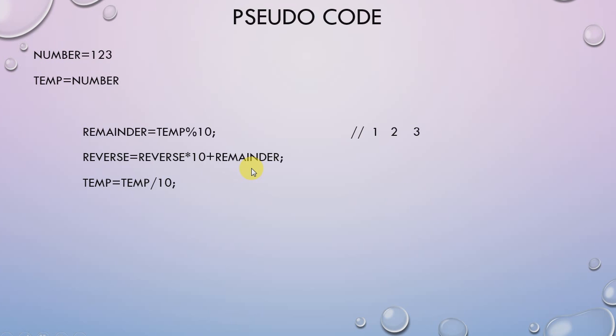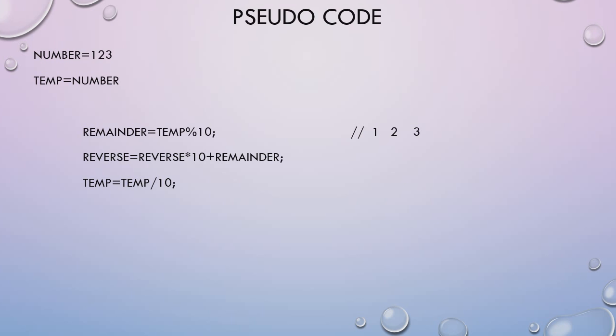Now reverse contains 3, and in the third step I am excluding the last digit of the temp variable. Now I don't want 3 in 123, so I am doing this step: temp is equal to temp divided by 10. Now I have to repeat these 3 steps till the value of temp becomes 0.